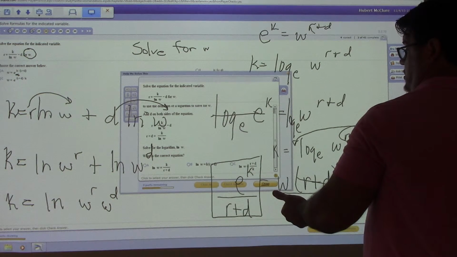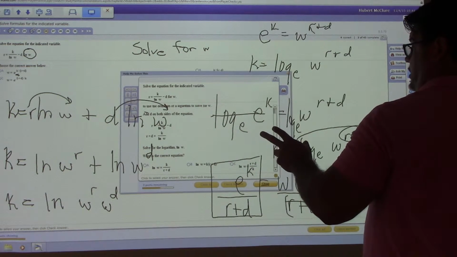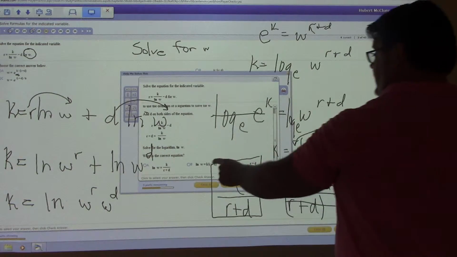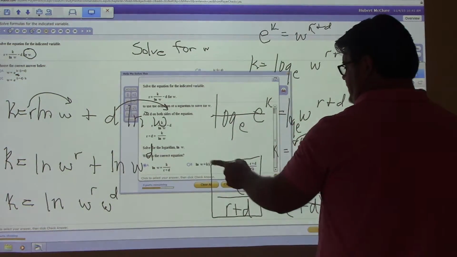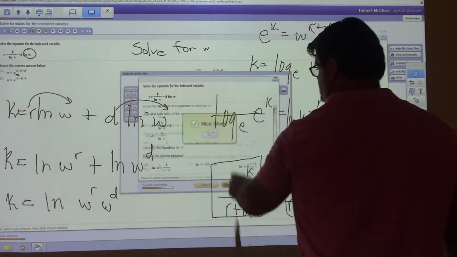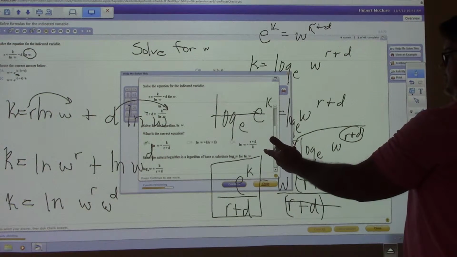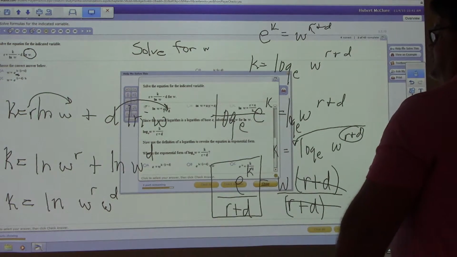Okay. But they don't want that. They want the natural log. So that'd be natural log is K over R plus D. So that's A. They're solving for the natural log. That's what they're doing. Log of E to the W. Okay, I did that.